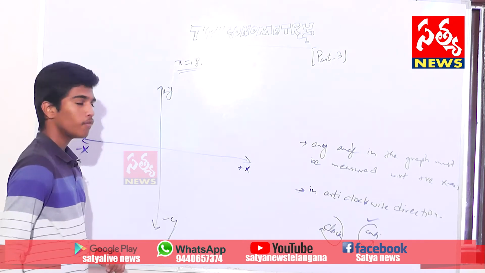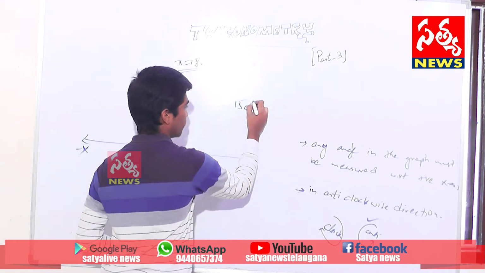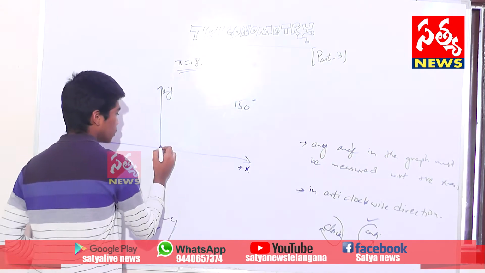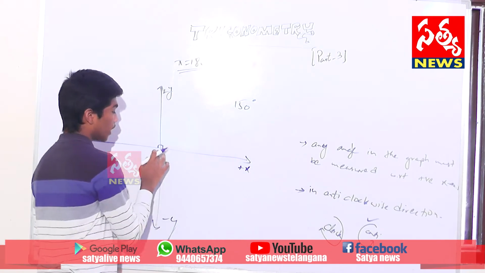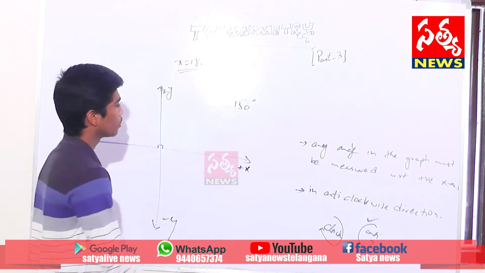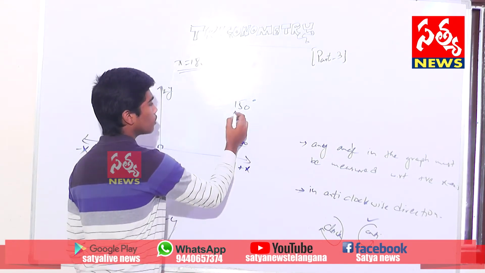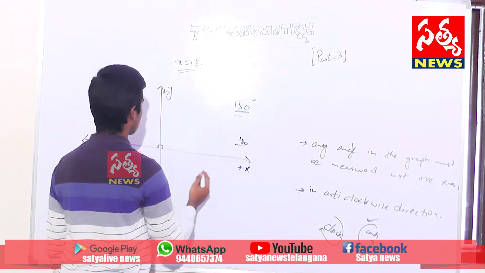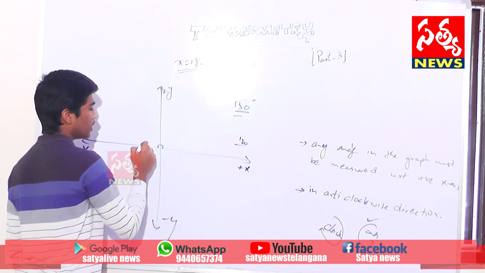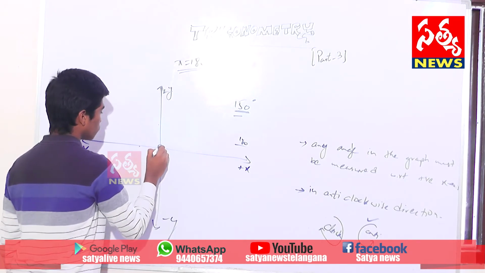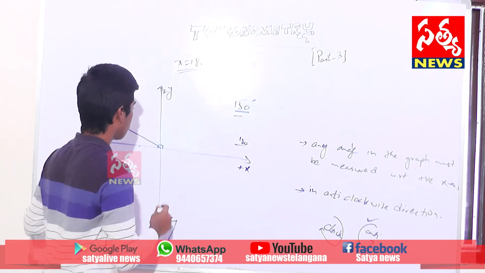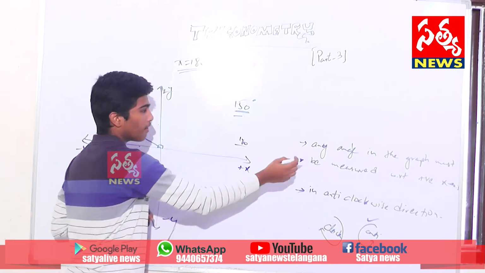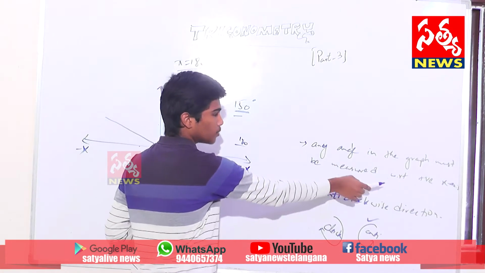Let's take an example of 150 degrees. So this is 90, this is also 90, and 90 plus 90 is 180. But here we have 150 degrees, so it lies between 90 and 180. Let's take a line like this, and we have to measure the angle with respect to the x-axis.